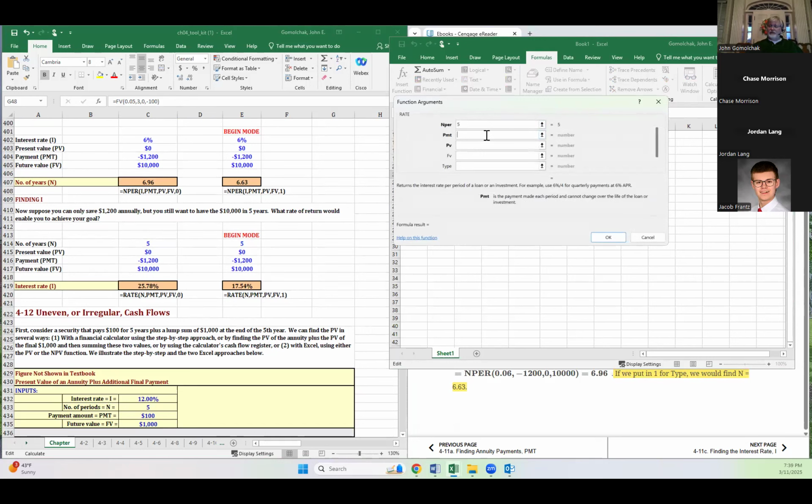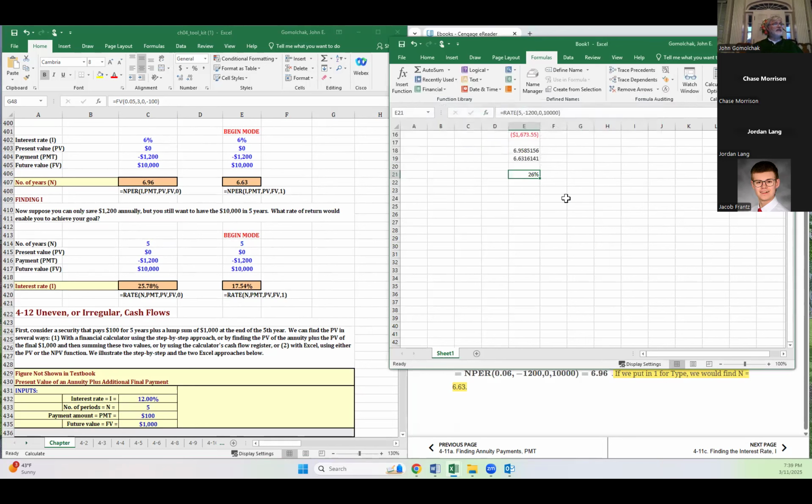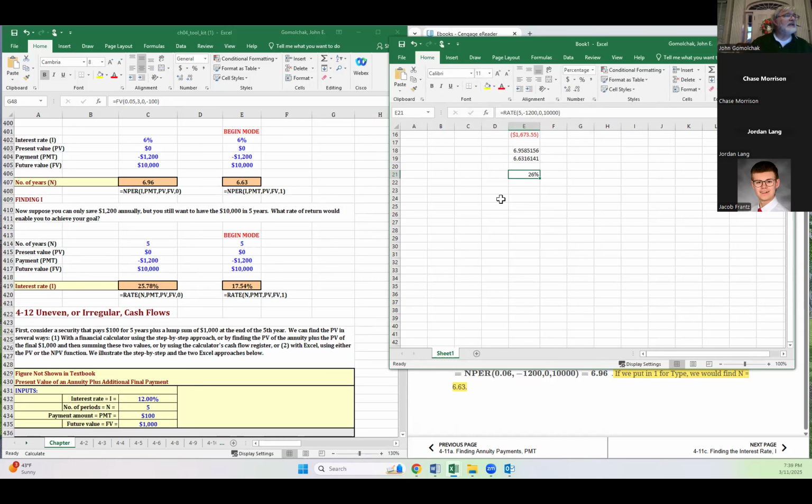Payment, 1,200. Present value, 0. Future value, $10,000. Type 0 if we're not doing anything in advance. So 26%, we could expand that out.